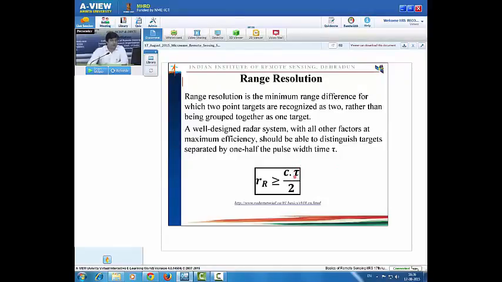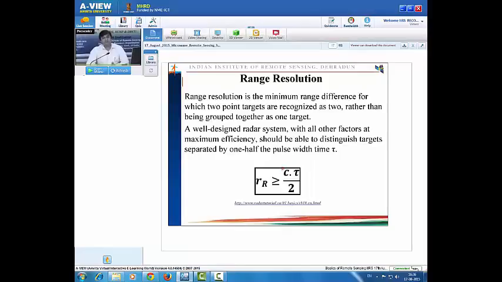So if a sensor has a pulse width tau, its range resolution should be more than c tau divided by 2. It means that if two objects are separated by this distance or more than this distance, then those two objects will appear as two separate objects.